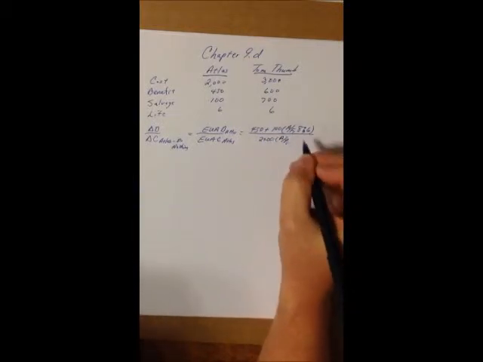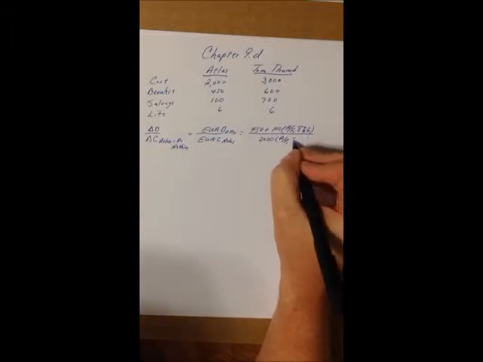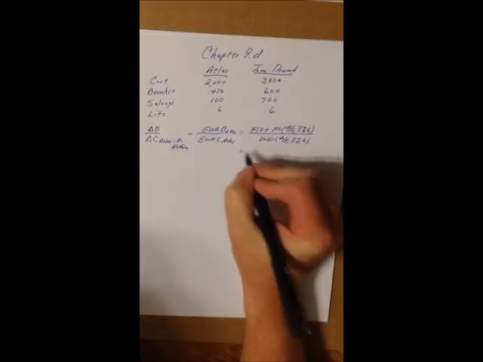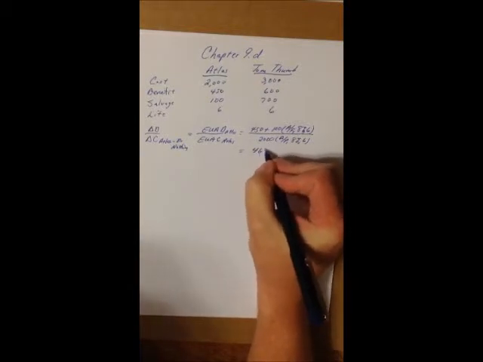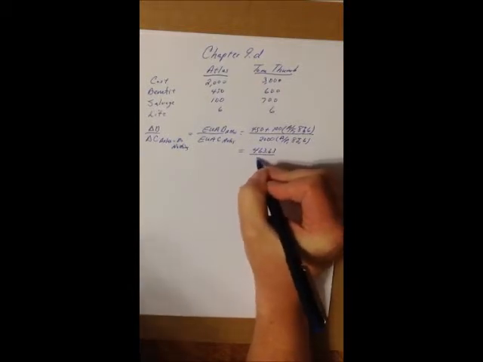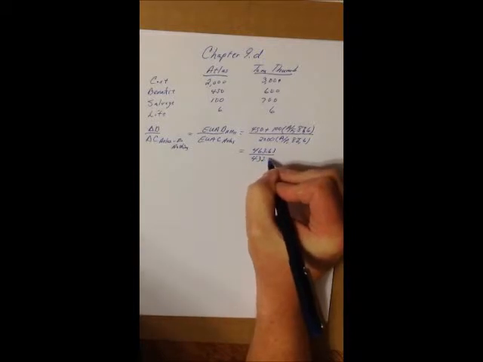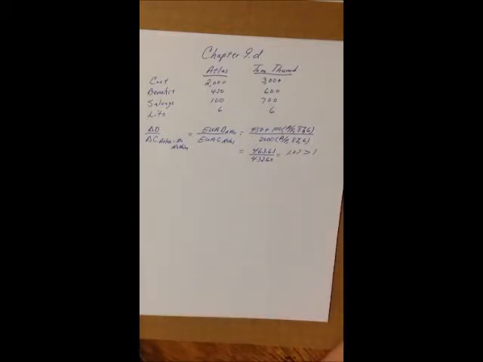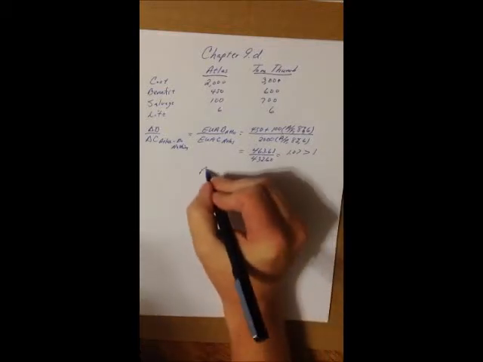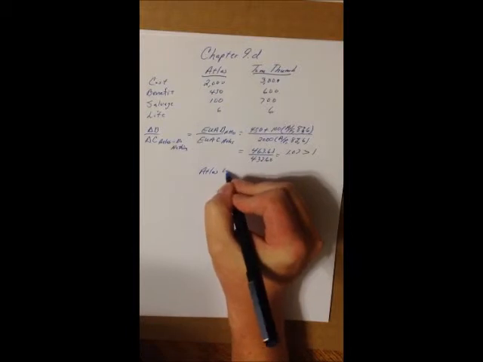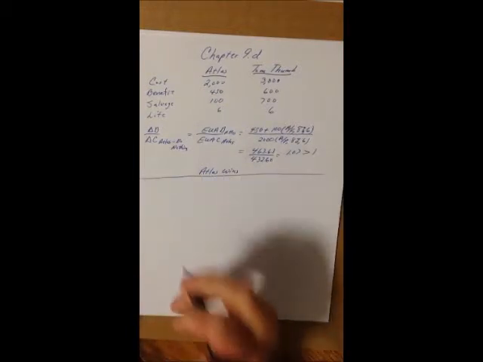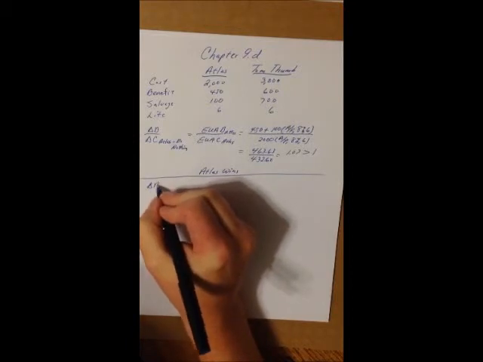We turn that into an annual, finding A given P at 8% for 6 years. And what we come up with is 463.63 over 432.60, which gives us a ratio of 1.07, which is greater than 1. So in this case, the Atlas option wins.